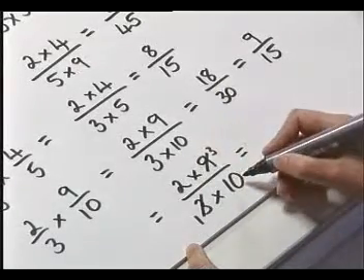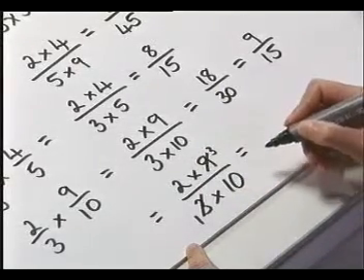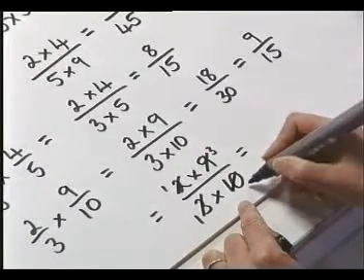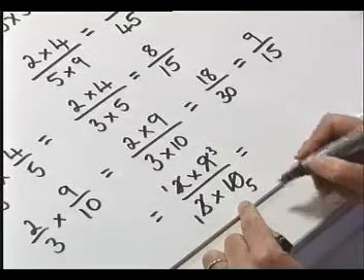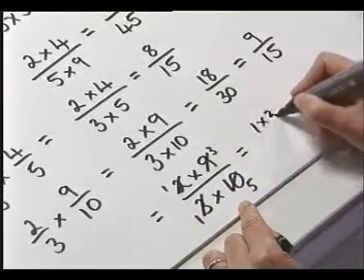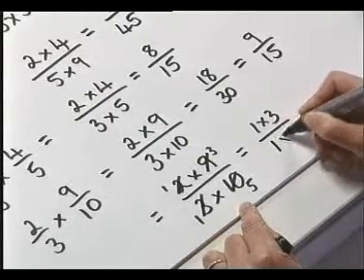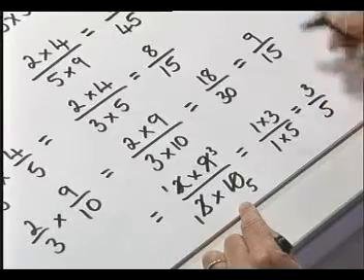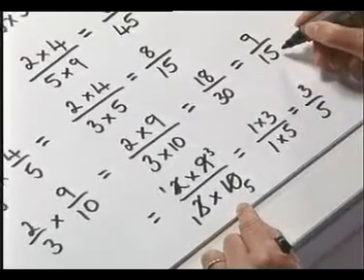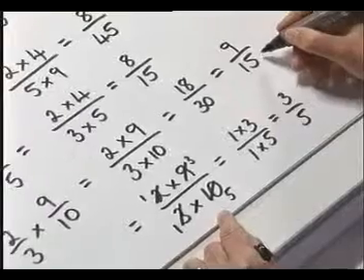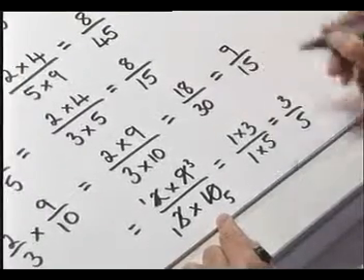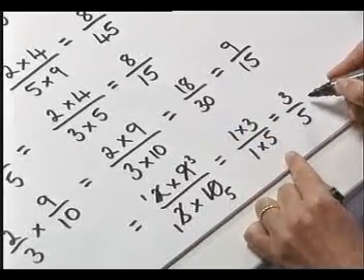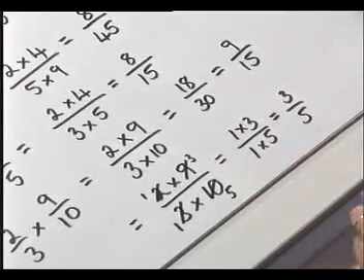And if we look further, we can see that we can also divide by 2. 2 goes into 2 once, and 2 goes into 10 5 times. So this is actually 1 times 3 divided by 1 times 5, and we get 3/5. And in fact, you can see here that I didn't look closely enough and divide by 3. It's easy to miss. So if you can make it easier for yourself and do some cancelling, then you should do so. So we end up with 3/5.